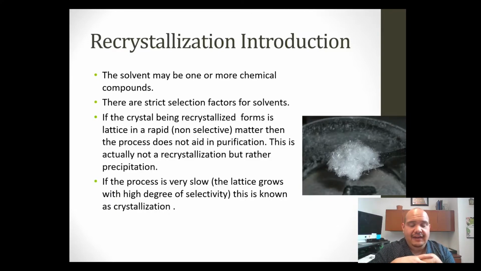When a crystal lattice grows slowly and is able to reform its stable configuration, it will form the exact same crystal over again, but it will do it very slowly in what's known as selective recrystallization, and therefore exclude impurities.